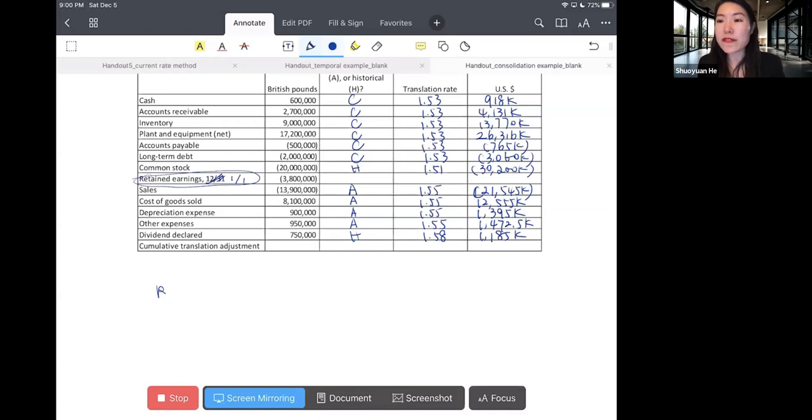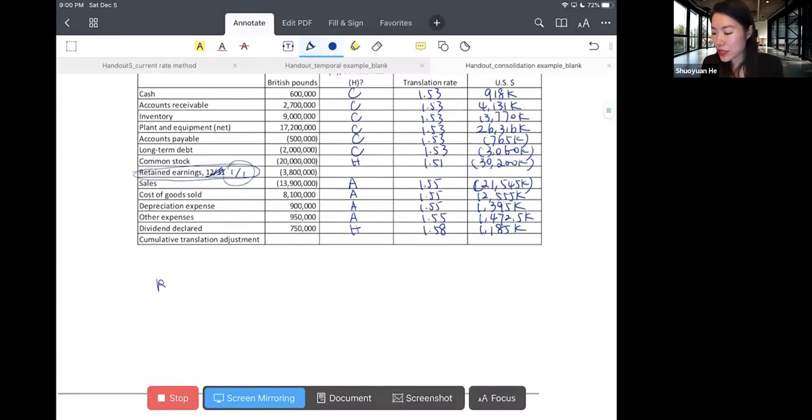What is the equivalent US amount of this beginning retained earnings? This is the beginning of the year 2015. So in order to figure out the equivalent US dollar amount, we should try to figure it out using the firm's beginning retained earnings in 2014, changing retained earnings, and then we're going to get to the ending retained earnings.